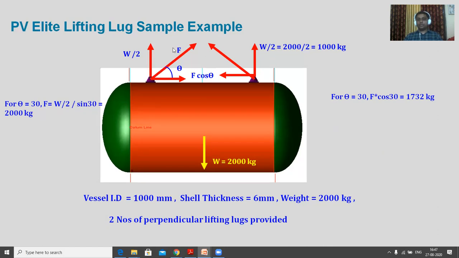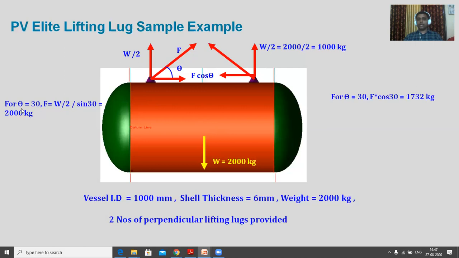So how to calculate F? Sine 30 is W by 2 divided by F, where this is the 30 angle. If I want to calculate F, then F will be equal to W by 2 divided by sine 30.